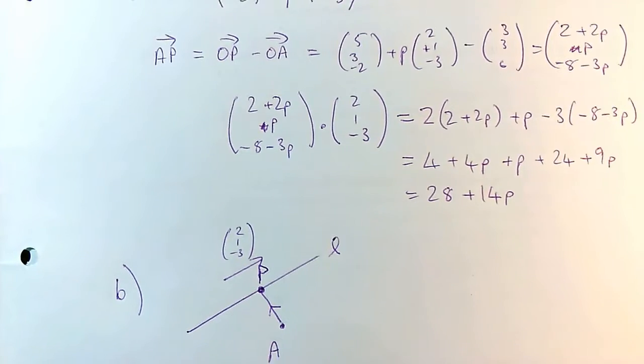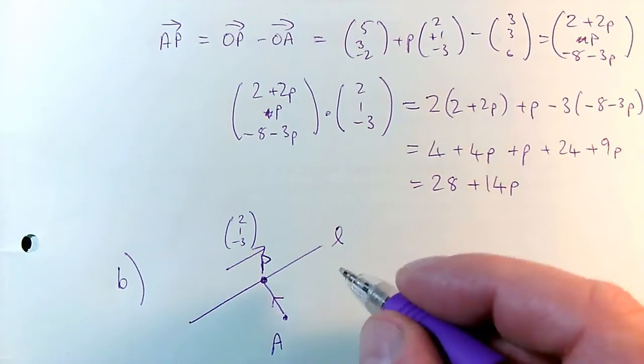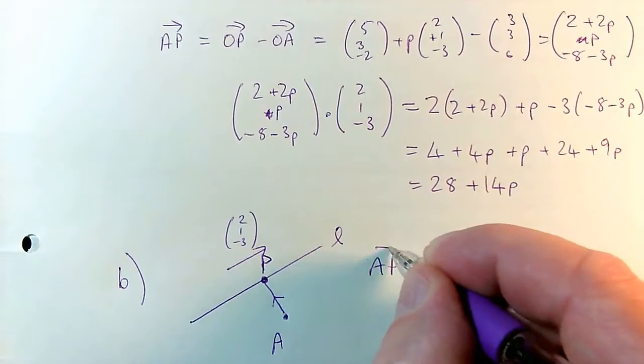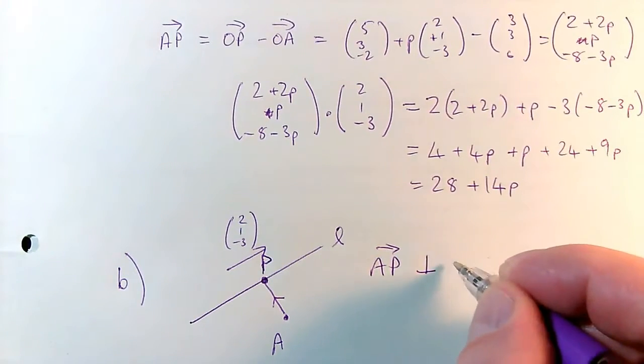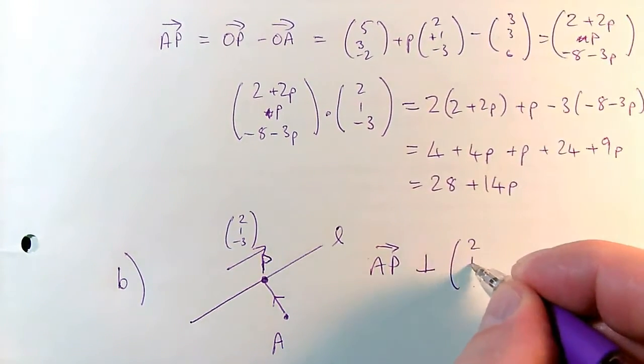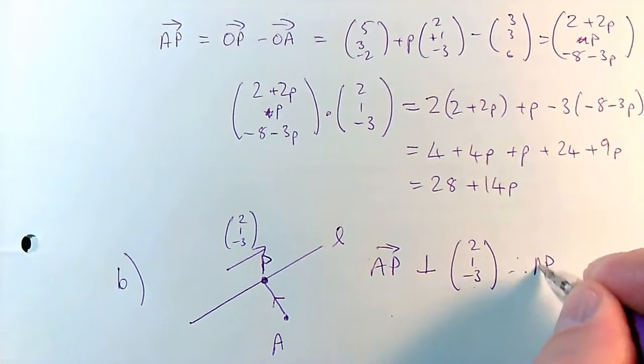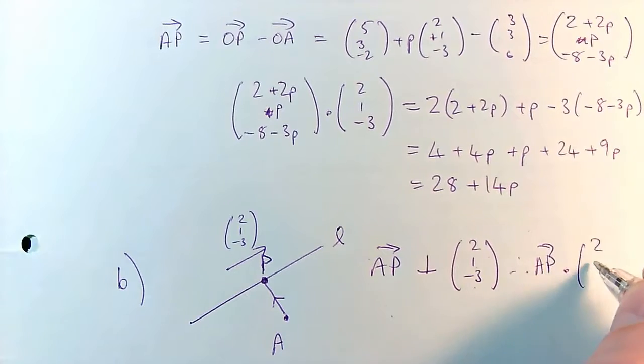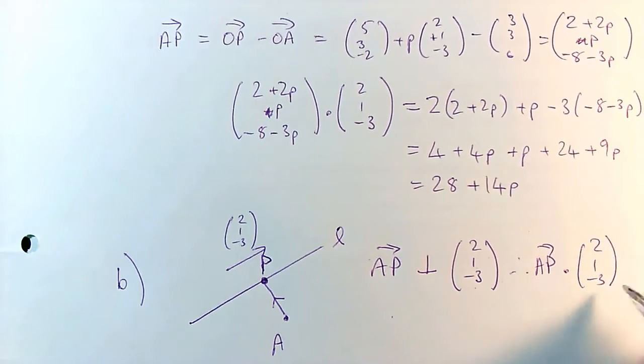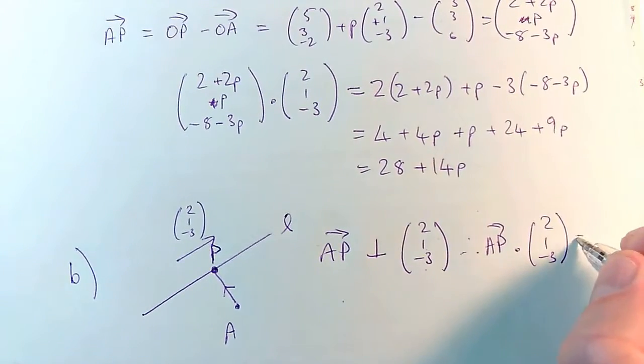So all I have to do for this part is say I need AP to be perpendicular to the line, and the line is in the direction 2, 1, minus 3.